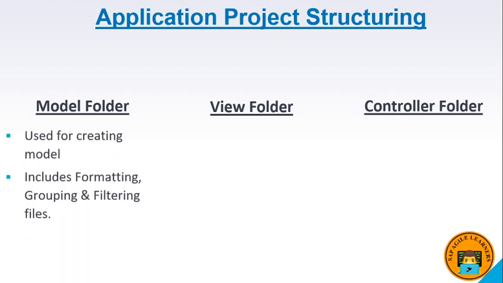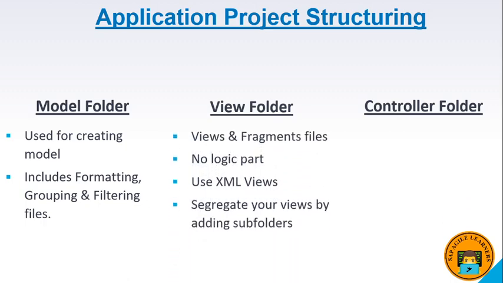Model folder. The model folder is used for creating models and logic related to model data. It includes formatting, grouping, and filtering related data files. View folder. The view folder consists of only the views and fragment files. I believe now you know about views in SAP UI5, and if you have not yet heard about fragments, then don't worry, we will be covering this topic as well in a separate video.